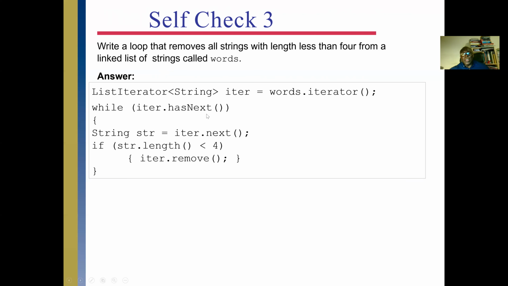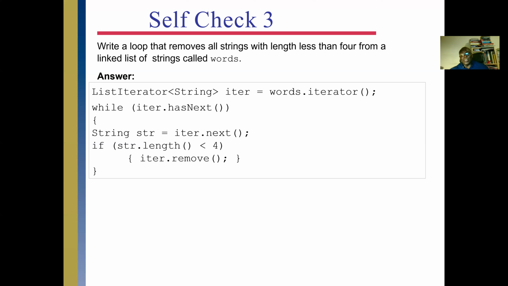Since I'm going through the elements in a linked list, I will use hasNext to check if there's another item in the linked list or we have reached the end of it. So hasNext always will be like a condition to check if we still have elements to go through in the linked list. Then we have a method called next, and next means to move one step forward.